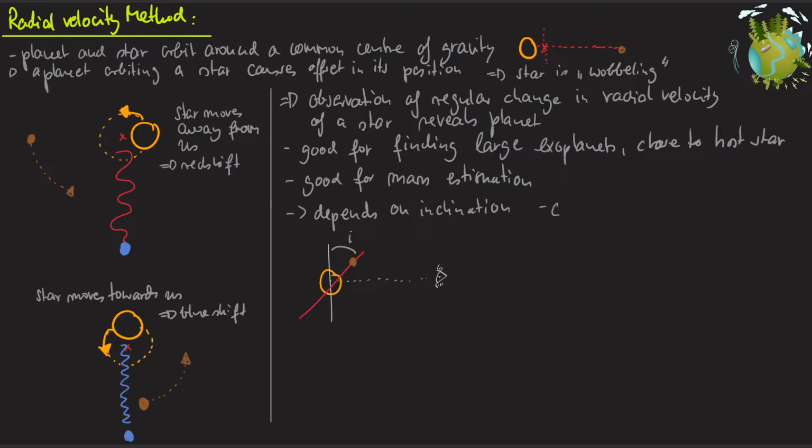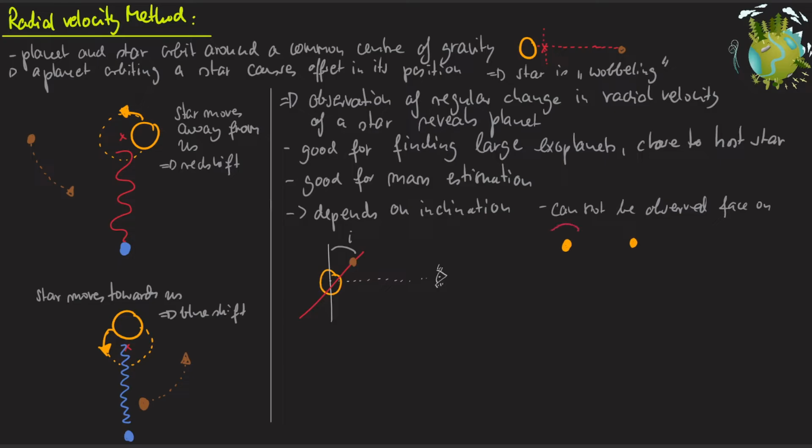And this also influences how much we see of the shift. If we have a face-on system, we cannot observe the change in radial velocity, because while the star is still shifting position, it's not actually the radial component that is shifting towards us, right?